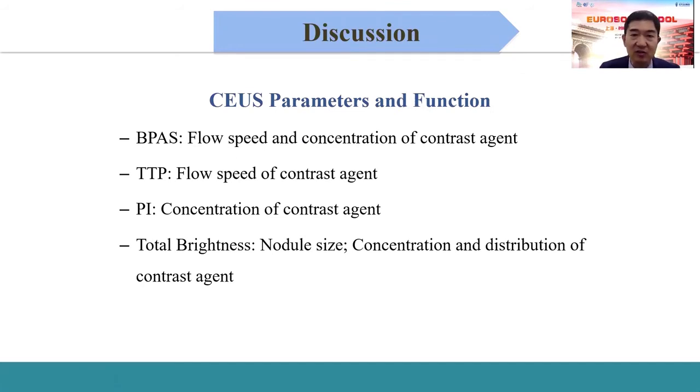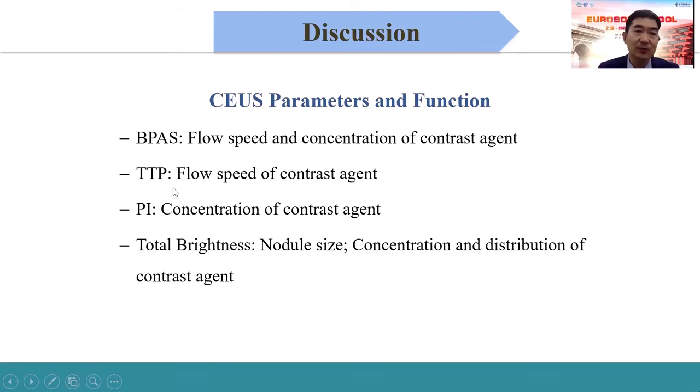According to the results of the present study, there are correlations between the CEUS parameters and function. The BPAS could reflect the flow speed and concentration of contrast agent, and TTP could reflect the flow speed of contrast agent, and the PI reflects the concentration of contrast agent, and total brightness can reflect the nodule size, concentration, and distribution of contrast agents.